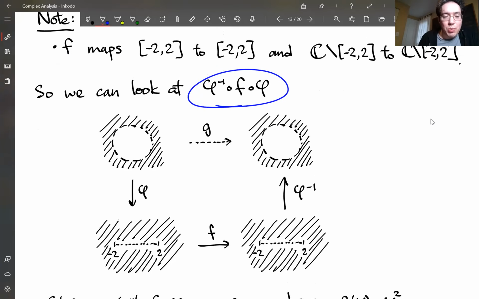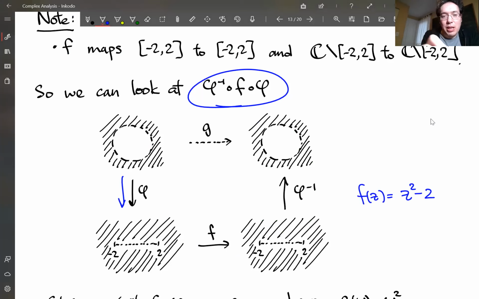So what we're going to do is look at maps from outside the unit circle. And we know, as we just checked on the previous page, that maps to all the complex plane except for the interval from -2 to 2. And from -2 to 2, we can look at the function f. So remember, the function we are looking at is z squared minus 2.